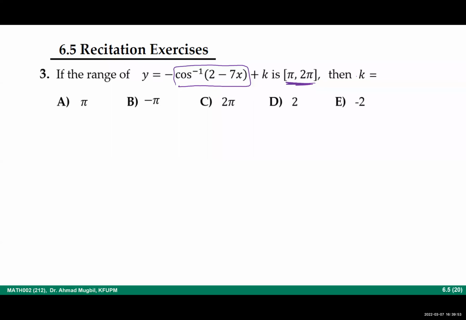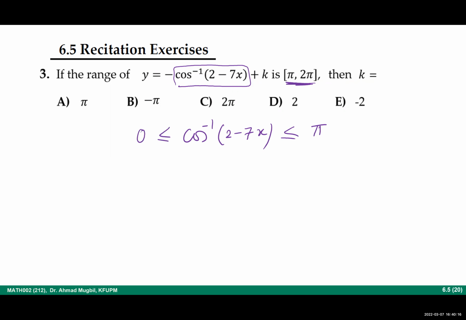One way to solve this question is what? To start to build up your function. So you will start with cosine inverse of whatever. Here we have, of course, horizontal transformations. So whatever the argument of cosine inverse is, as long as it is defined, cosine inverse is always between 0 and pi.